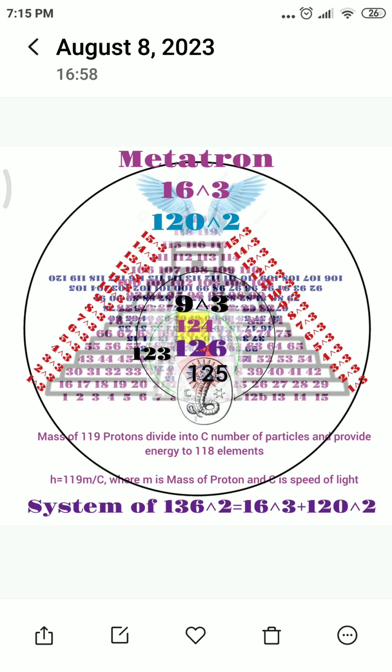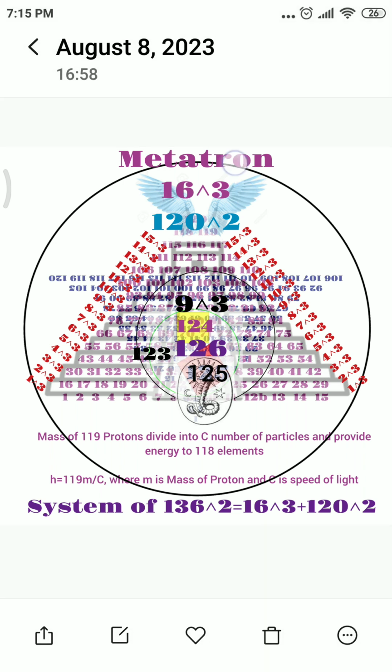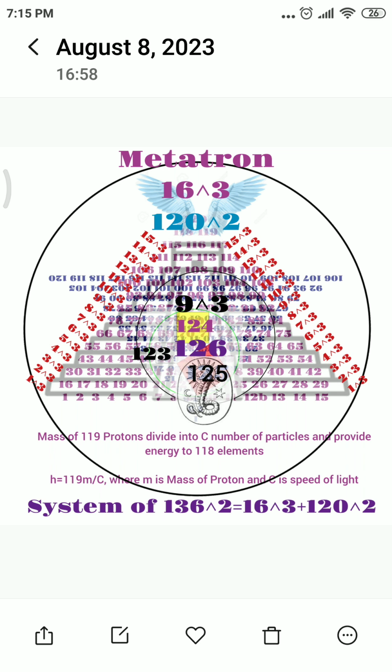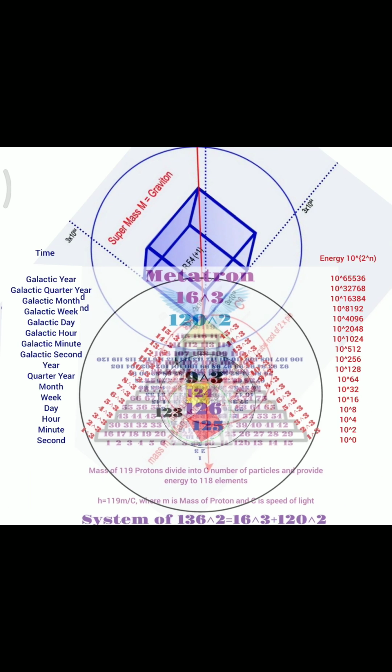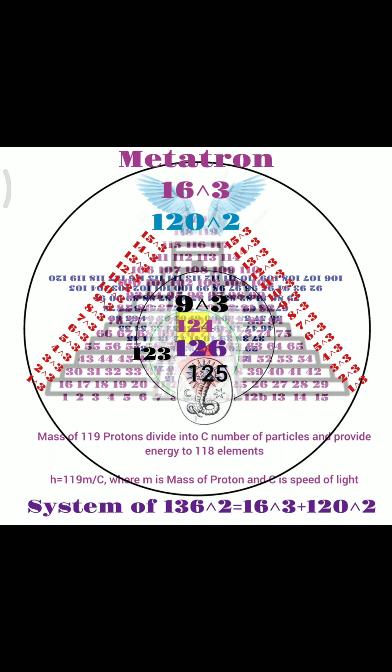And also, the wings represent Metatron. As I just now showed you here, the intersection of these two triangles is Metatron, and that Metatron is represented by these wings.